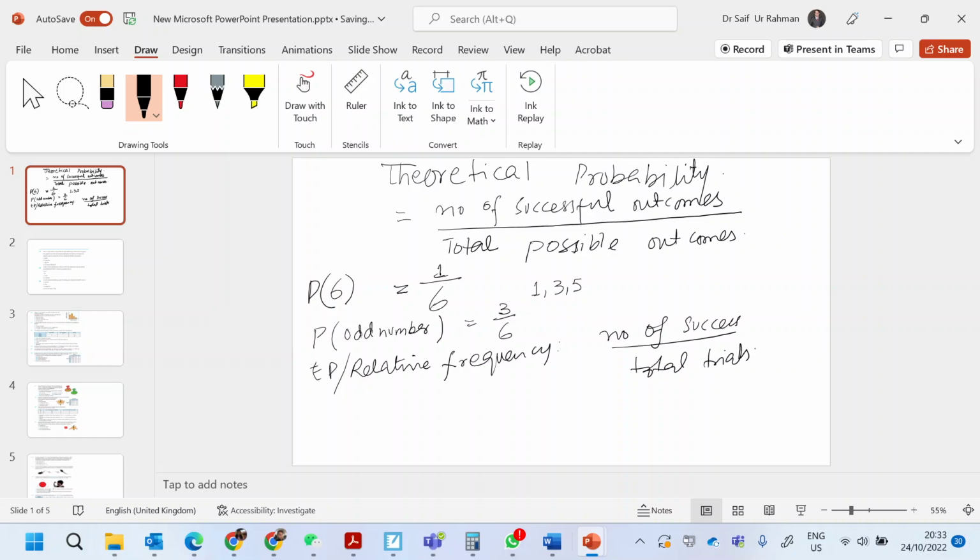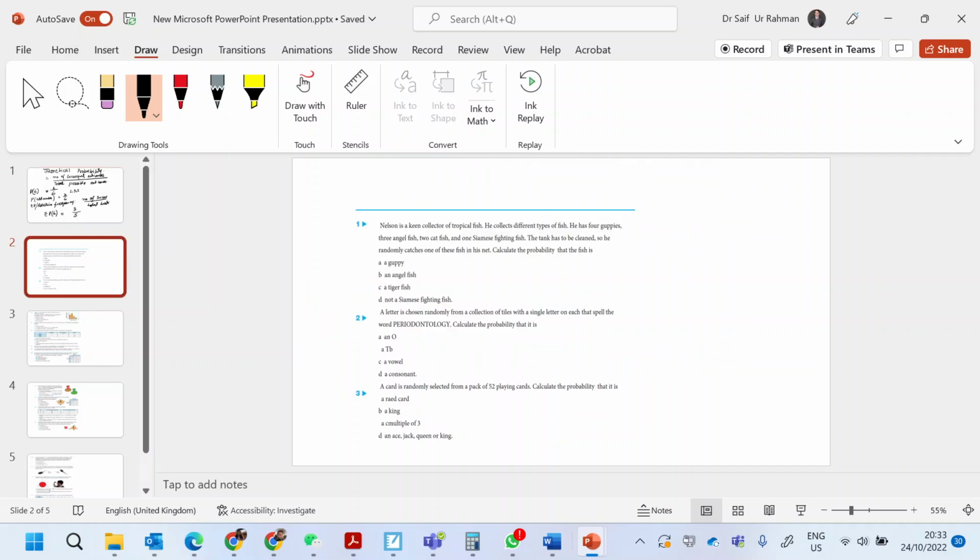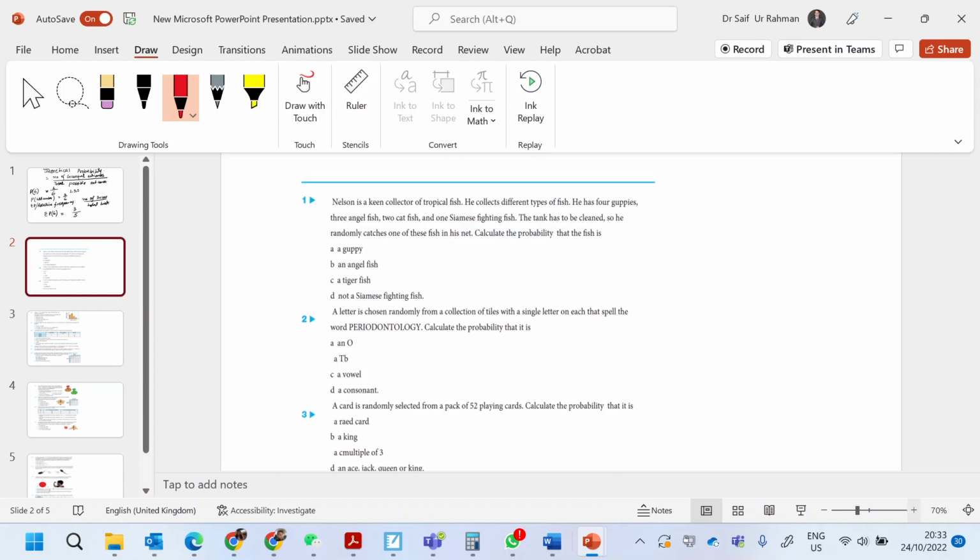For example, if you roll a dice 5 times and you get a 6 three times, the experimental probability of 6 is 3 over 5, because you got it 3 times and 5 is the total number of trials. So we'll solve some questions and explore how to solve this type of question.